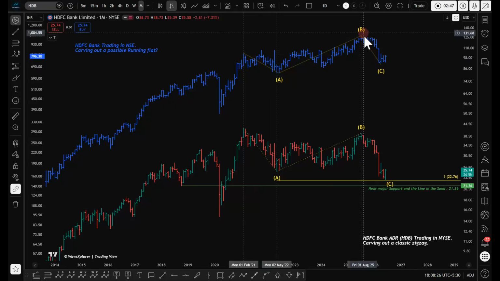But this massive 2026 flush, by contrast, behaves like a sharp, high velocity five-wave impulse, which is the classic signature of wave C in flats. So wave C in flats ends in five waves. But of course, let's see how the price action behaves from here.